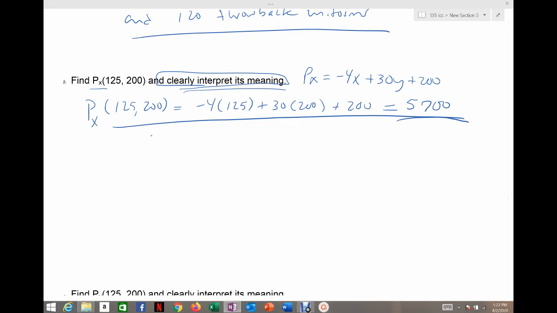So what's changing, what's being held constant, and how is it affecting my profit?